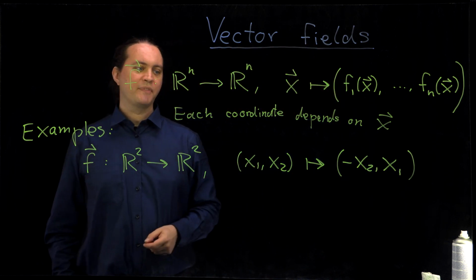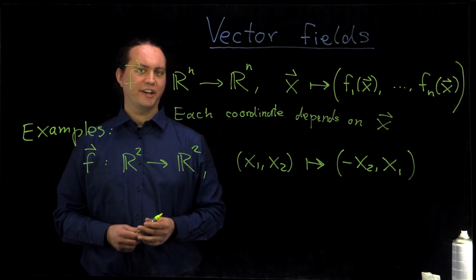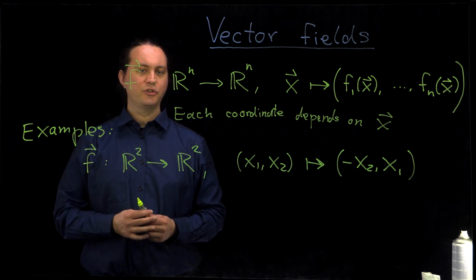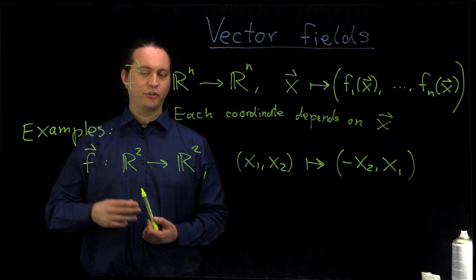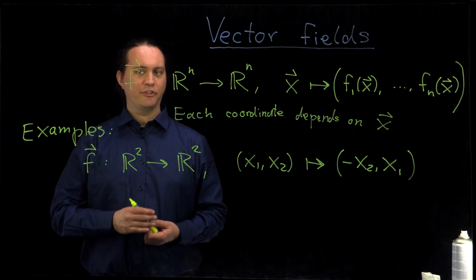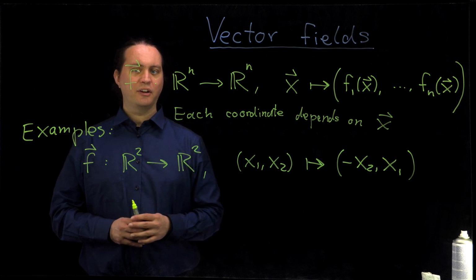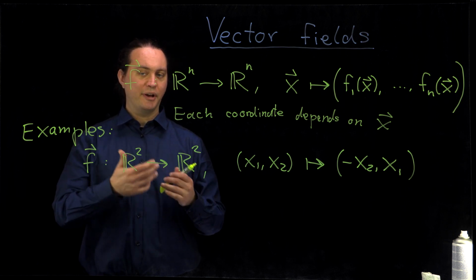In this case, each of the two coordinates in the output vector depends on x1 and x2. In fact, the first coordinate is just negative x2. It only depends on x2 in this case. And the second coordinate is x1. It only depends on x1.